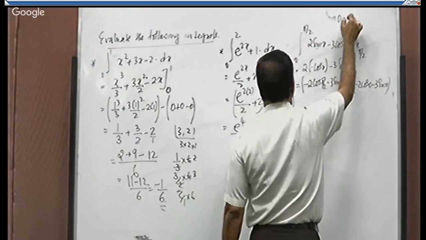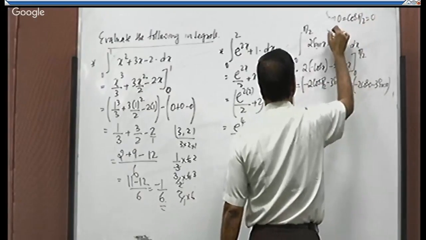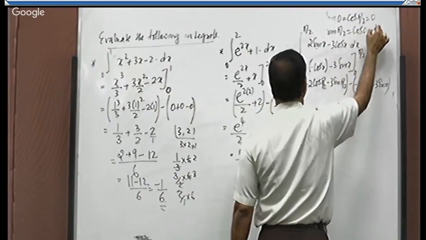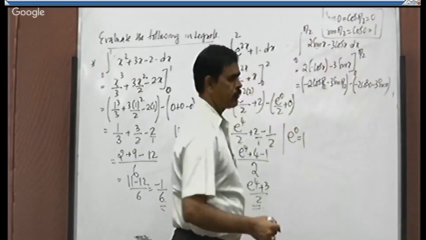Sin 0 is equal to cos 90 is equal to 0. Sin 90 is equal to cos 0, which is always equal to 1. These are very important values.